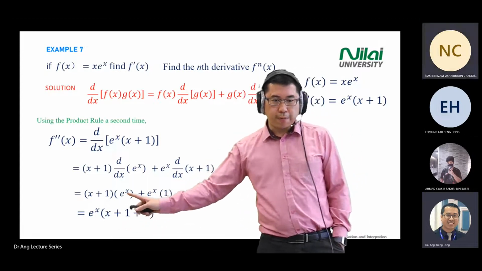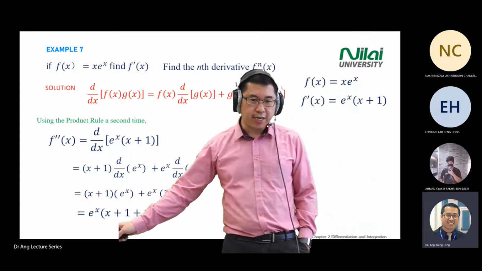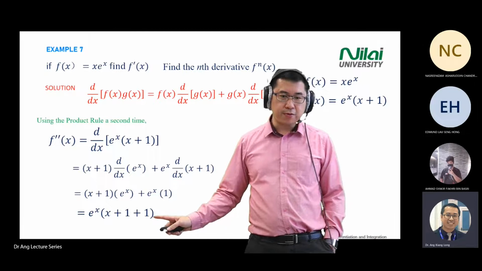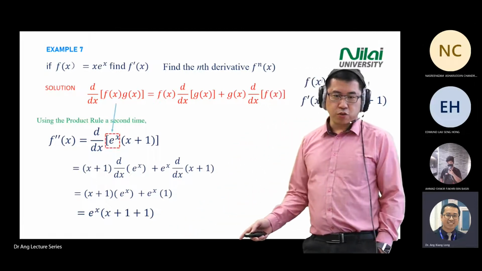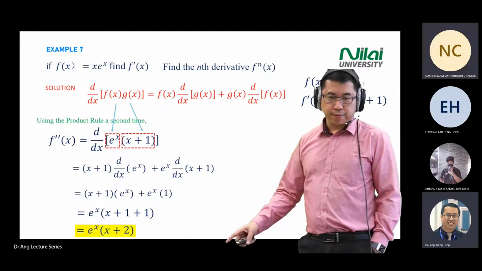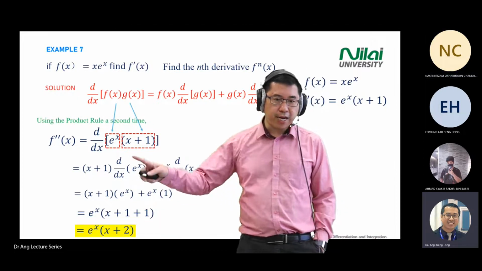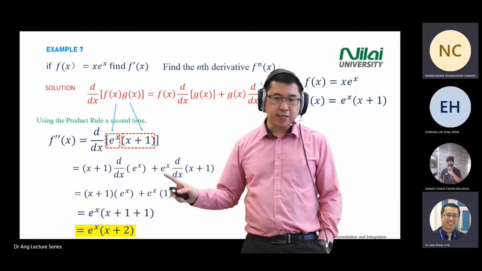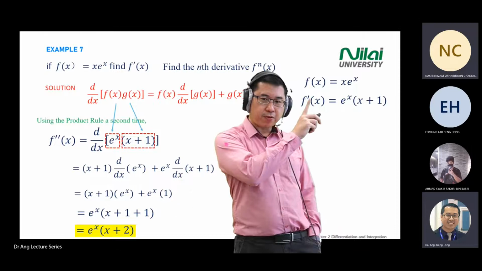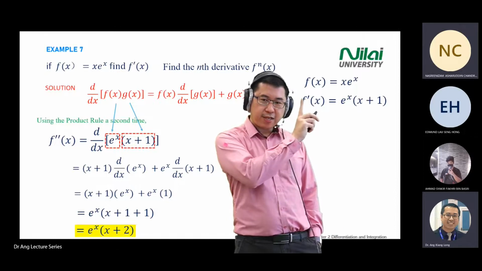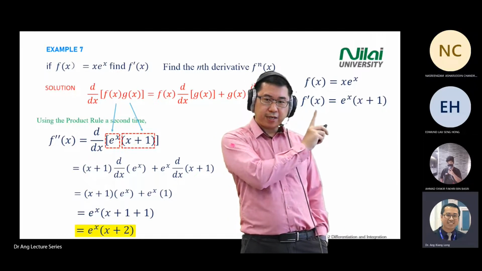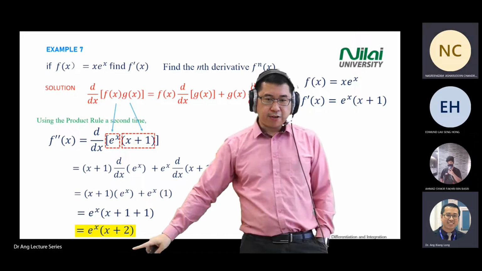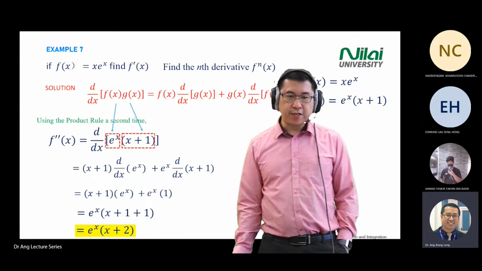Then you combine this equation, you get ex, x plus 1 plus 1, you get x plus 2. When you differentiate 2 times, you get ex times x plus 2. Differentiate 1 time, you get this equation. Differentiate 2 times, you get this equation.